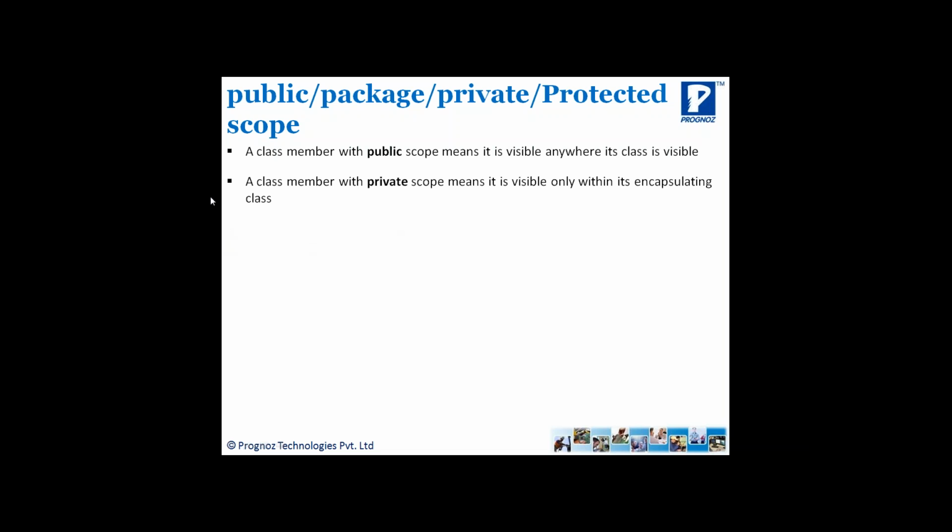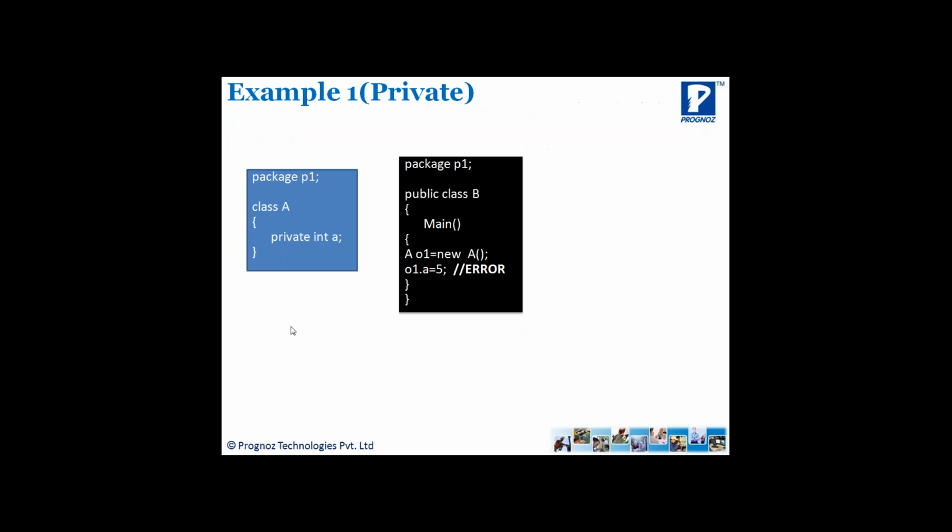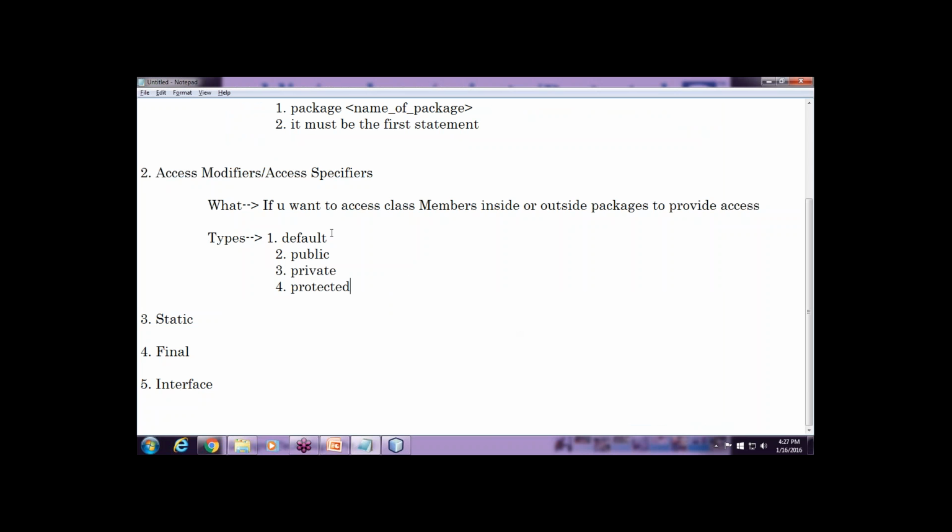It's reusable, but the members of the class will not be provided unless you ask for them. So most of the time you have to provide a class with minimum accessibility, which is private. Class member with package or default scope means visible only inside the same package. And class member with protected scope is not provided everywhere, only in the subclass. Fine, we will see one by one.